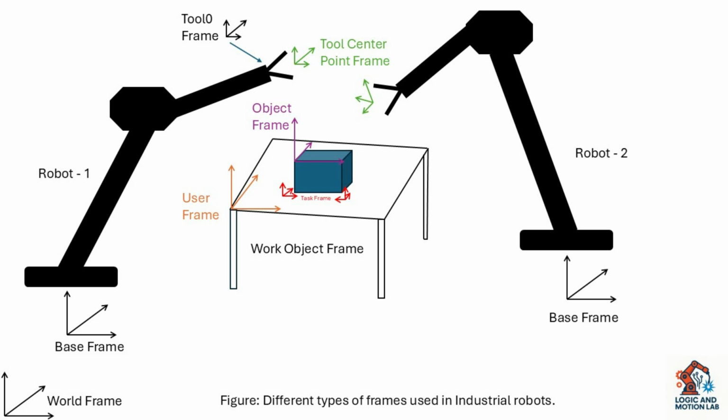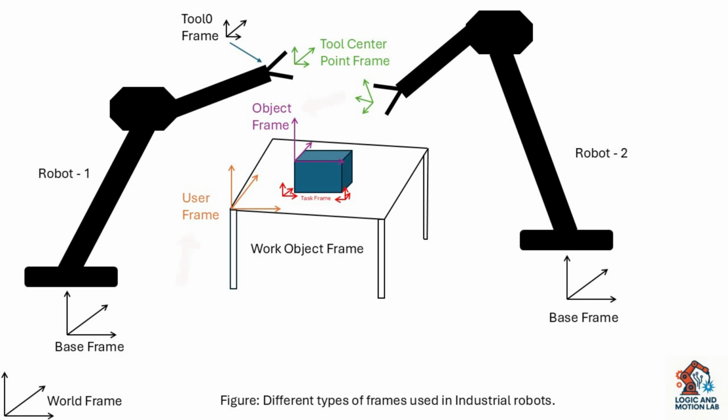For example, if you tell the robot that your work area is this table, then at the midpoint here the data will be 0, 0. So when you take any robot target, it will be relative to the work object frame.